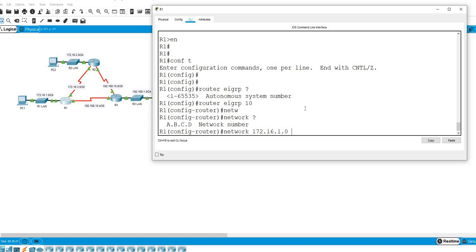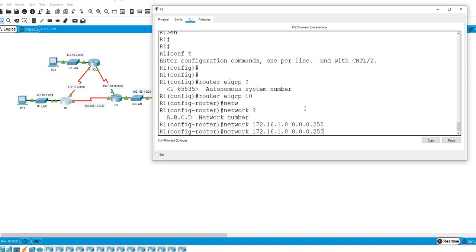The mask value is /24, so we will use the wildcard mask, which is the inverse of the mask value. We can calculate it by taking 255.255.255.255 and subtracting the decimal notation of your mask. That gives me 0.0.0.255, which is the wildcard mask for /24.